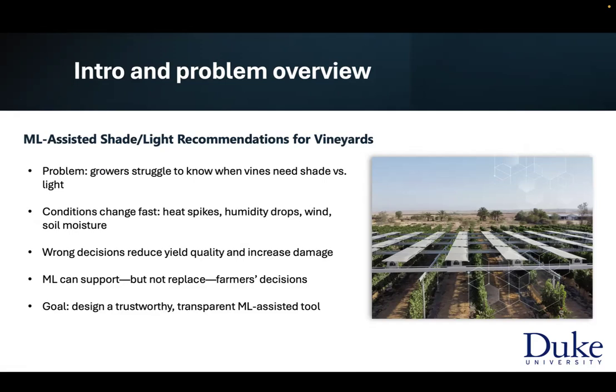For example, temperature, leaf temperature, precipitation, soil moisture, soil salinity, pH of the soil, radiation, and many other crop health indexes. So in this presentation, I'm going to show how machine learning can support the grower, how the UX should work, and also the privacy and ethical issues that we need to handle.